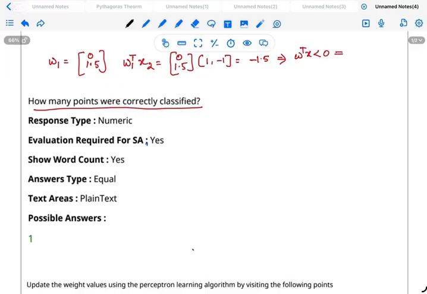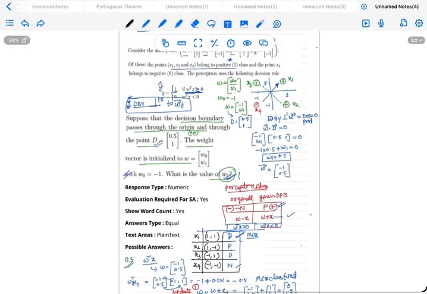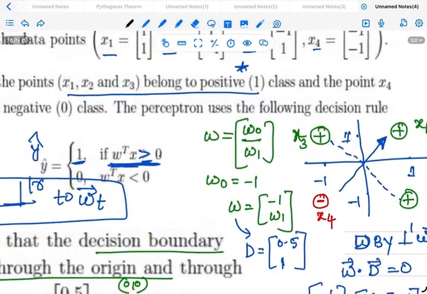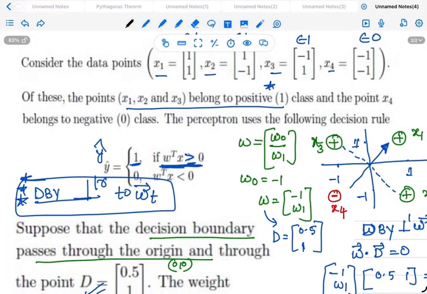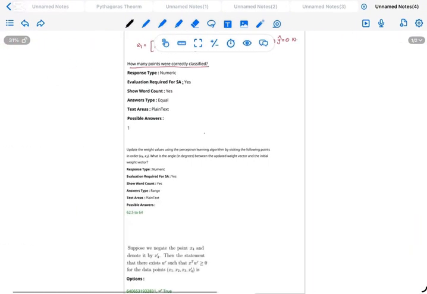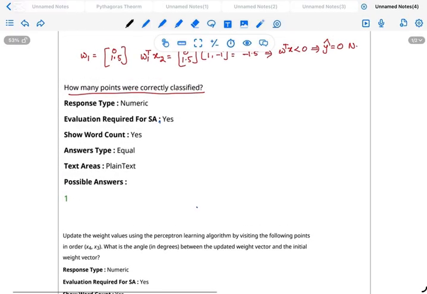In the perceptron, Y hat equals 0, negatively classified. But X2 was originally positive, and we classified it as negative.